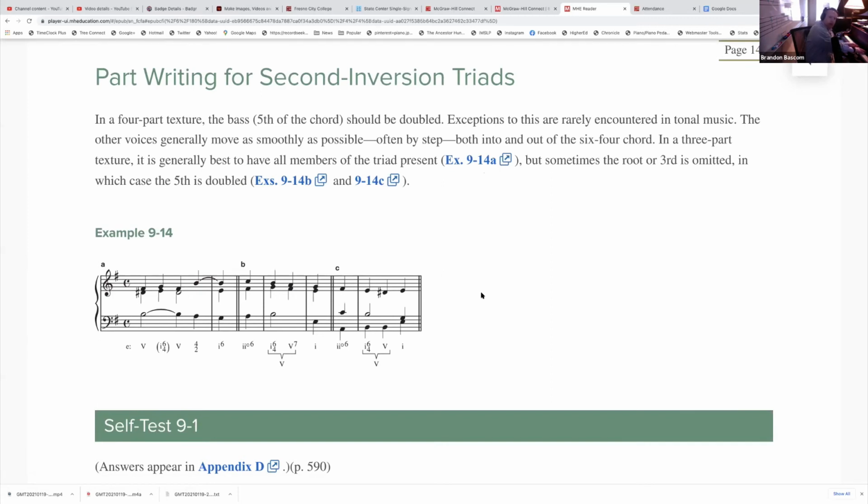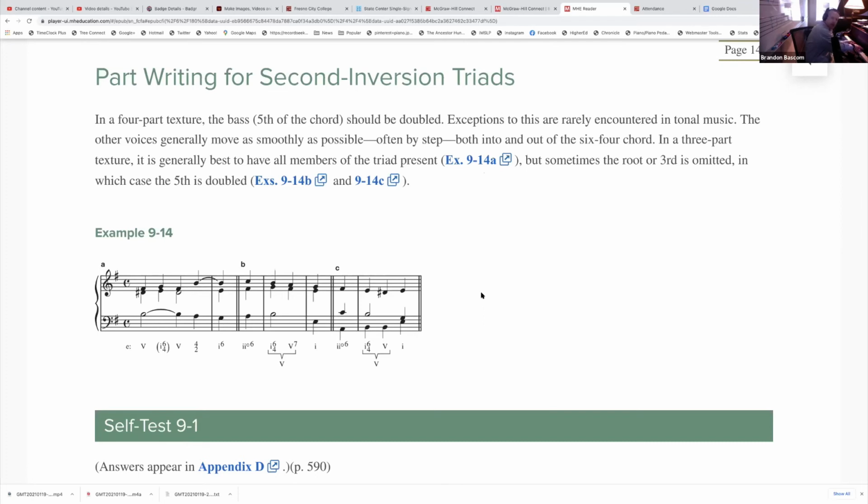All right, here's B. We've doubled the fifth. And C. I don't like it.